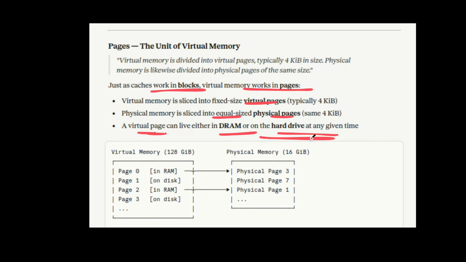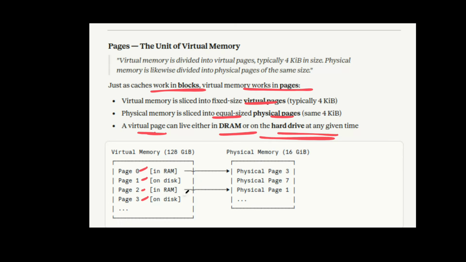We know. So if you consider in virtual memory, there is page 0, page 1, page 2, page 3. Some can be there in the RAM and some can be there in the disk. So here, say physical page 3, physical page 7, physical page 1.